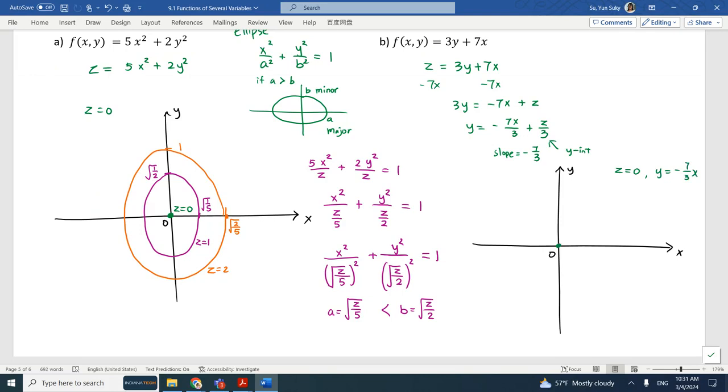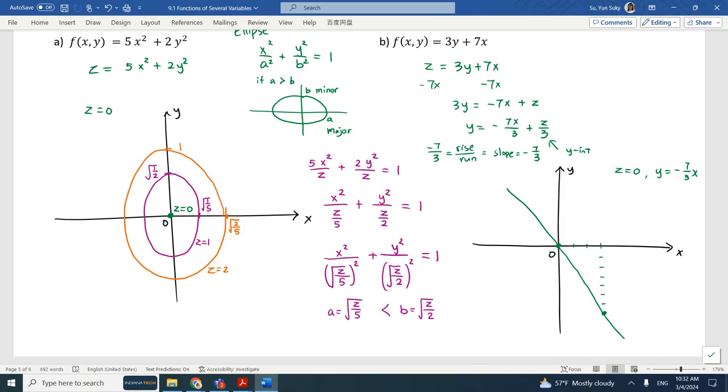And slope is rise over run, so you can think of this as negative 7 over 3. It runs 3 units and goes down 1, 2, 3, 4, 5, 6, 7 units. Yeah, rise over run. And so this is what the line looks like.